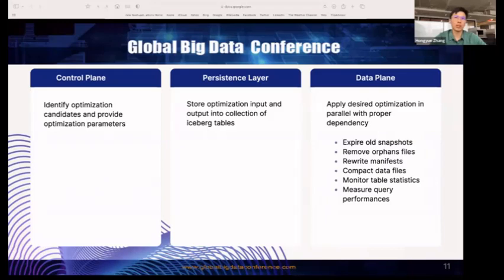The control plane identifies the candidate tables for optimization and writes these optimization parameters into the persistent layer, which happens to be a collection of internally managed Iceberg tables. And the data plane on the right-hand side uses Apache Spark to apply the desired optimization in a distributed manner. At the end of each execution, the data plane also writes the results back to the persistent layer.